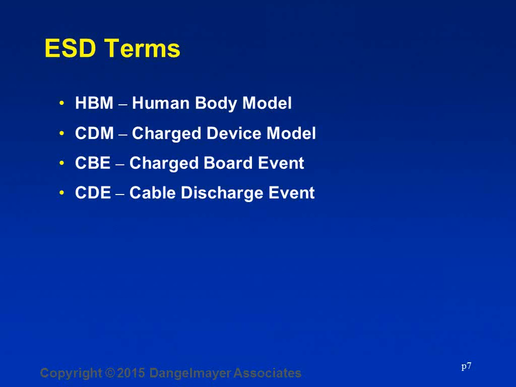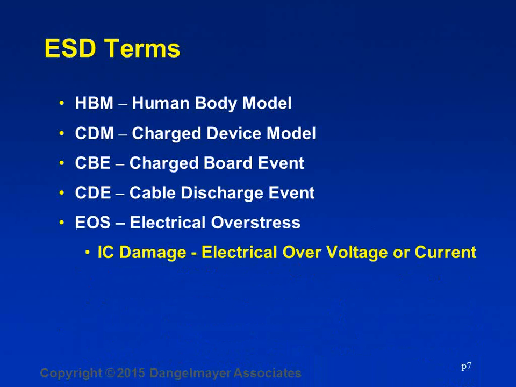The stress characteristics to the product all have that very fast rise time in picoseconds, resulting in a damage that is CDM in nature to varying energy levels. And then, of course, electrical overstress, which is over voltage or current to the device. We think of ESD as a subset of electrical overstress.